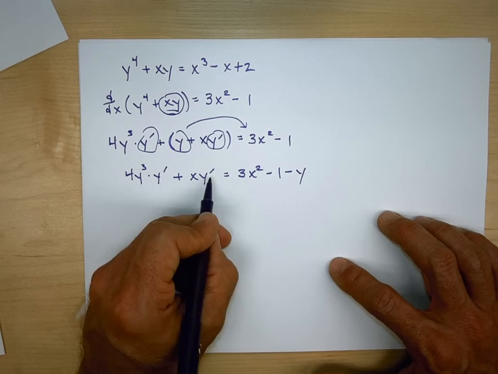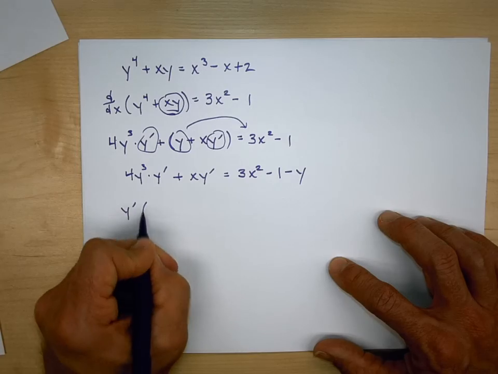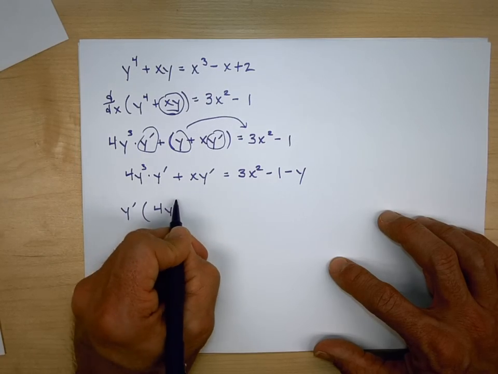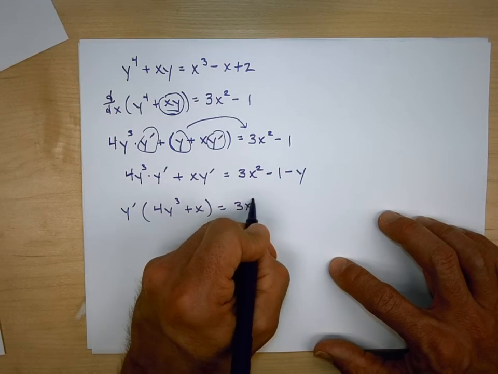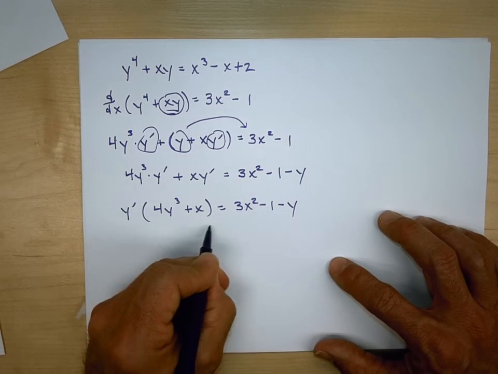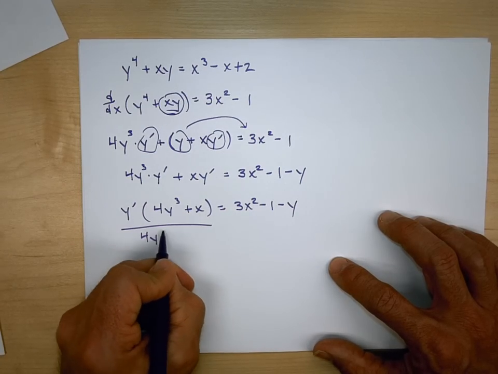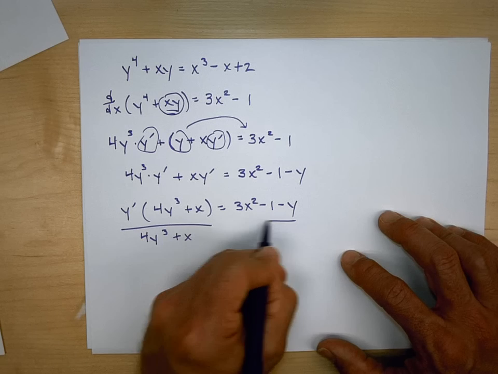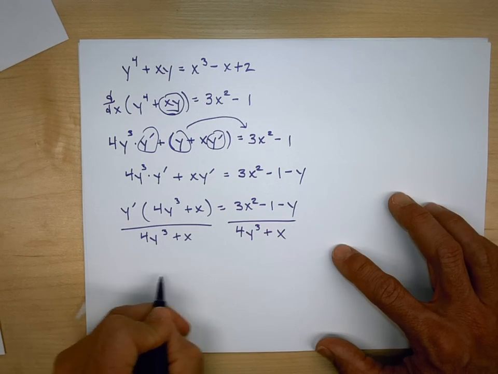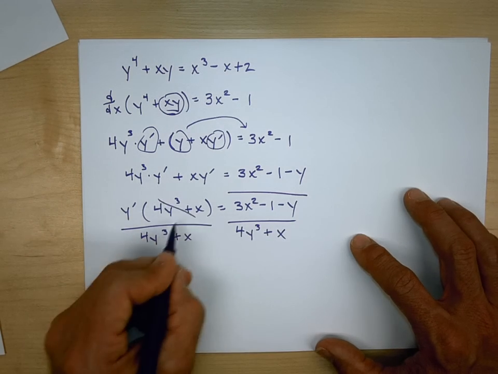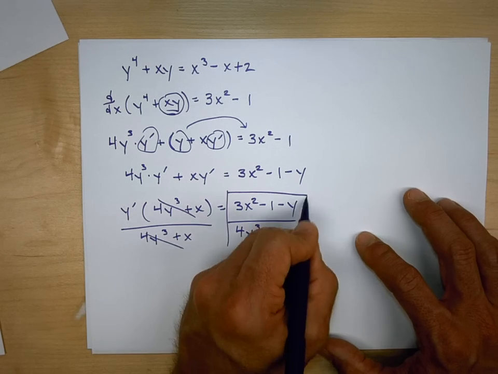Now here I can factor out the y prime. I'm left with 4y cubed plus x equals 3x squared minus 1 minus y. And then I divide both sides by the 4y cubed plus x. All right, and that leaves me, if we divide those out, this is y prime.